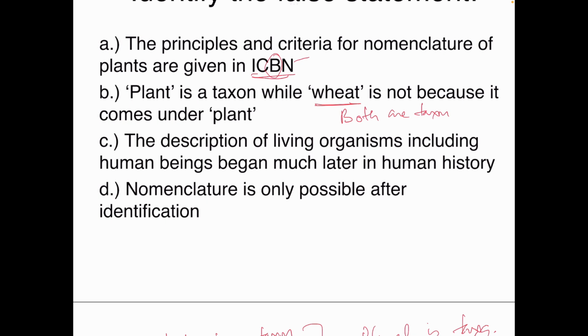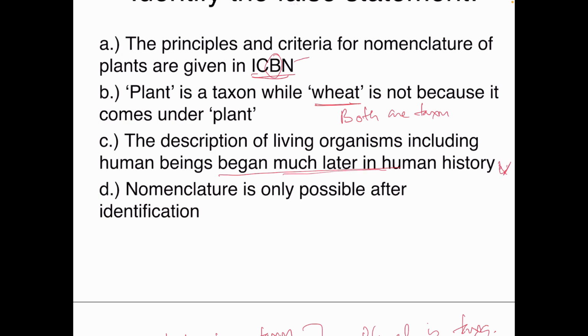No, the description of living organism including human beings began much later in human history, because man started to understand the living organism first. It took a lot of time for him to understand, then to describe them in a systematic manner took much more time. So it actually began much later in human history. Okay, this option is correct, it is not wrong.